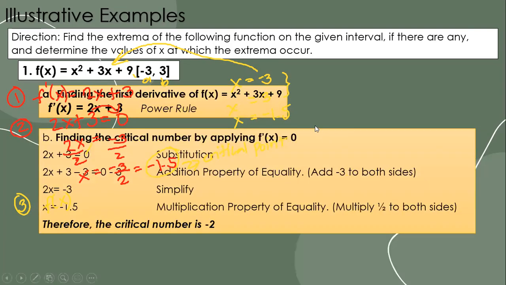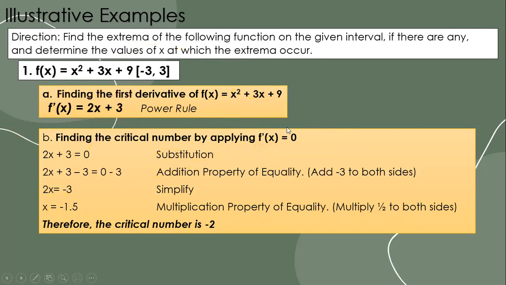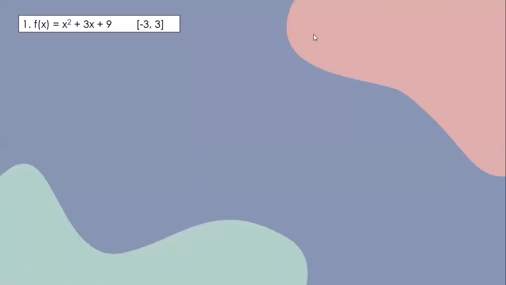So that is the answer for the first and second step. Third step. Okay? So we have to substitute. We have to find f of negative 3, f of 3, and f of negative 1.5.